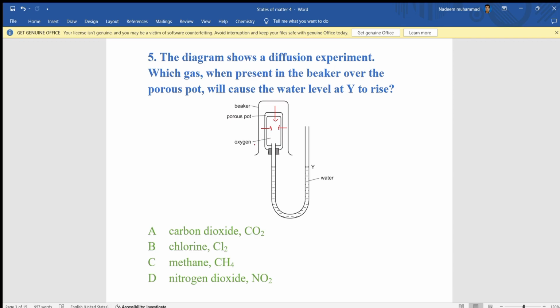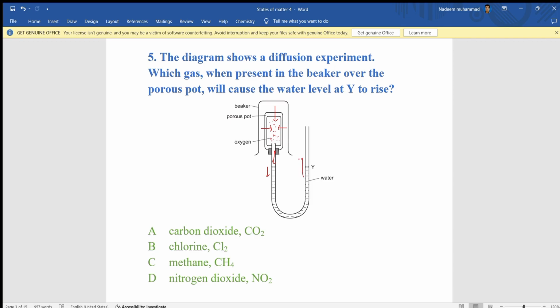As a result, what will happen? The gas pressure inside the porous spot will increase. As a result of it, the level will fall down in this side of the U-shaped glass tube. As the water level will fall down over here, the level of Y will rise.